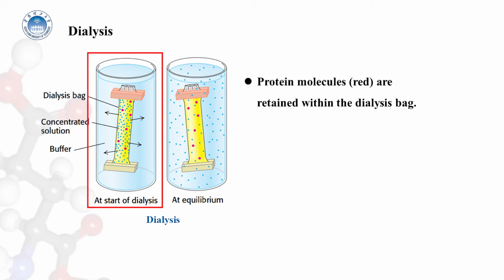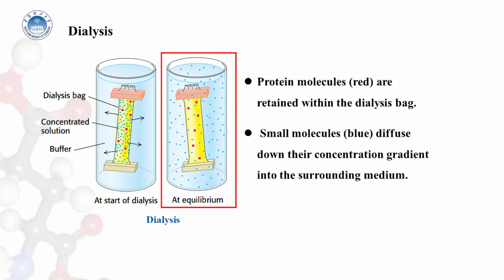Molecules having dimensions significantly greater than the pore diameter are retained inside the dialysis bag. The small molecules and ions capable of passing through the pores of the membrane diffuse down their concentration gradients and emerge in the solution outside the bag.